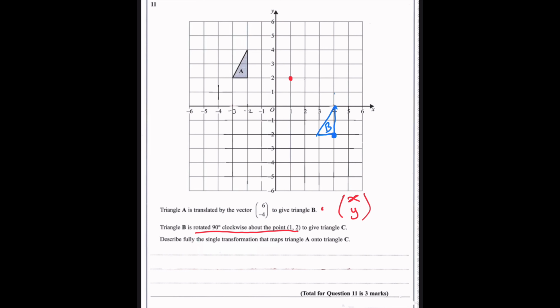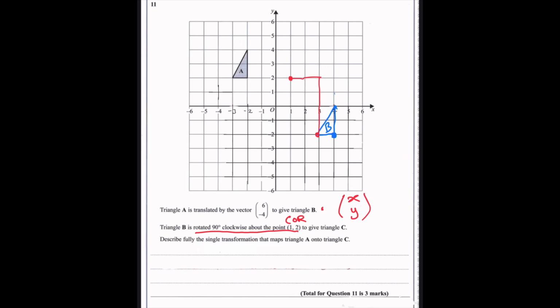This is my center of rotation, to give triangle C. To do this, I'm going to plot a line from one point, I'll call it this one, to the center of rotation. So we go 1, 2 across, 1, 2, 3, 4 down. And we're rotating 90 degrees clockwise.